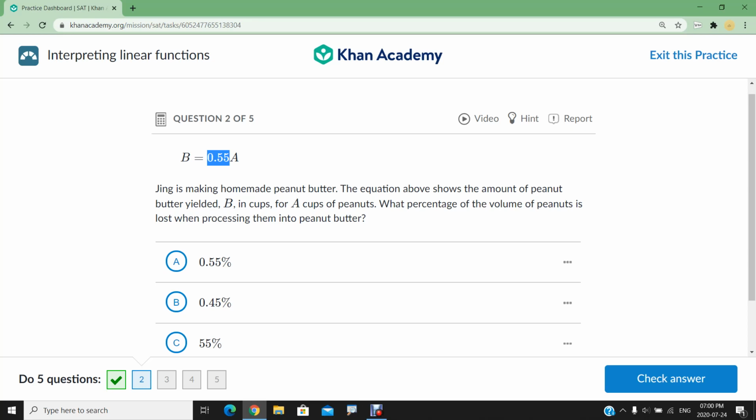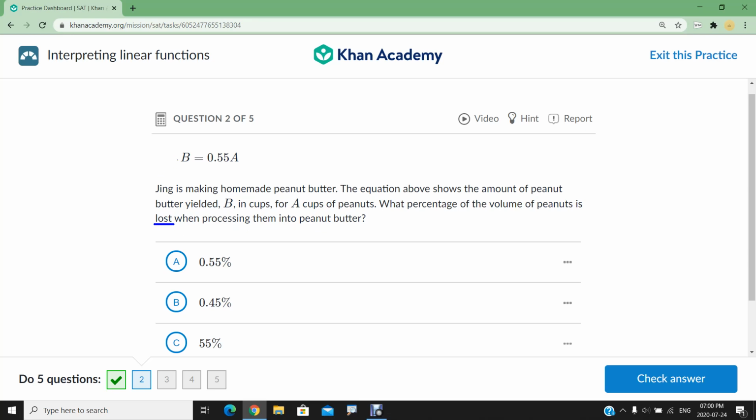And then they're asking us what percentage is lost. They don't want what percentage is added. Maybe some people will right away choose this one, but this is wrong because they're asking what percentage of the volume of peanuts is lost when processing them into the peanut butter.